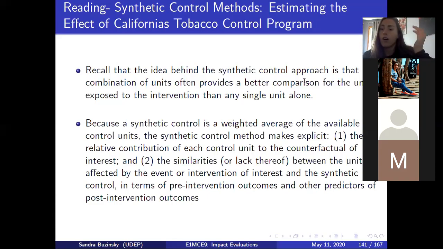We can say, oh, well, this group got a weight of 20% of the synthetic control. This group only got 1% of the weight, and so on. So it's very clear how your control is created. And it's also very clear the similarities or the lack of similarities between the units affected by the intervention and the synthetic control in terms of pre-intervention outcomes.